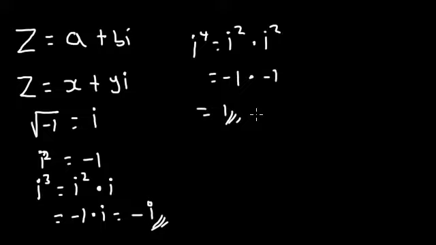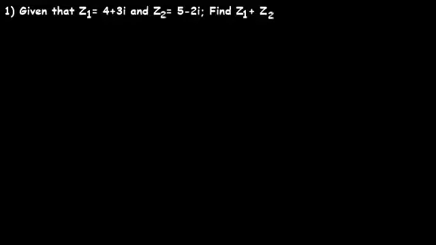So let's move into the process of adding and subtracting complex numbers in rectangular form. Let's begin with some examples. Example number 1. Given that z1 is equal to 4 plus 3i and z2 equals 5 minus 2i, find z1 plus z2.